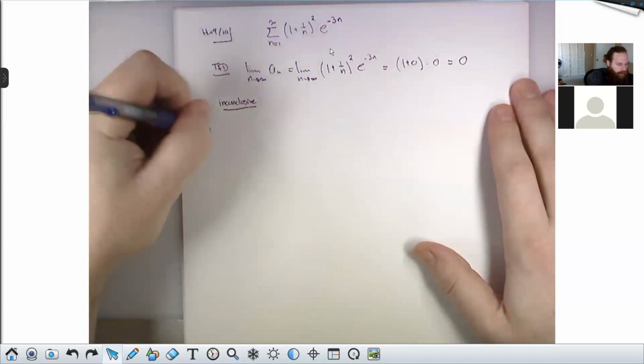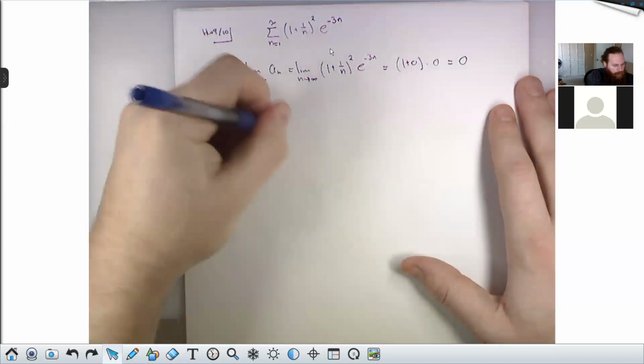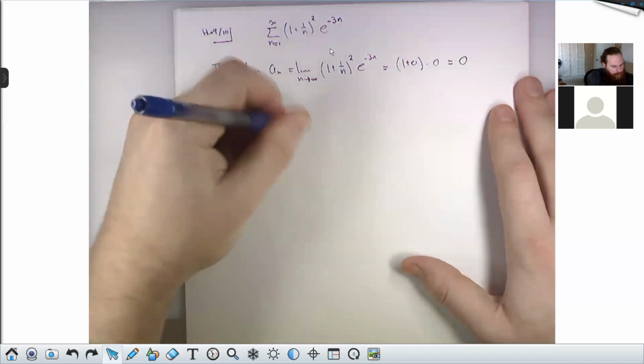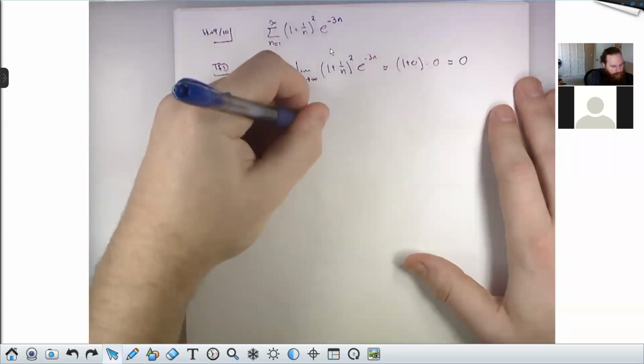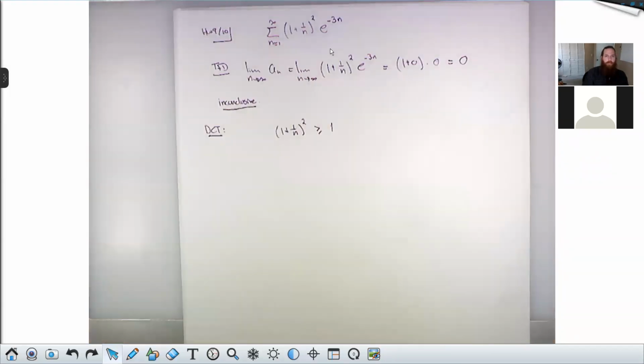But DCT will work here. Observe that 1 plus 1 over n squared is definitely greater than or equal to 1. Right? Because I'm taking 1, adding something positive, and then squaring.